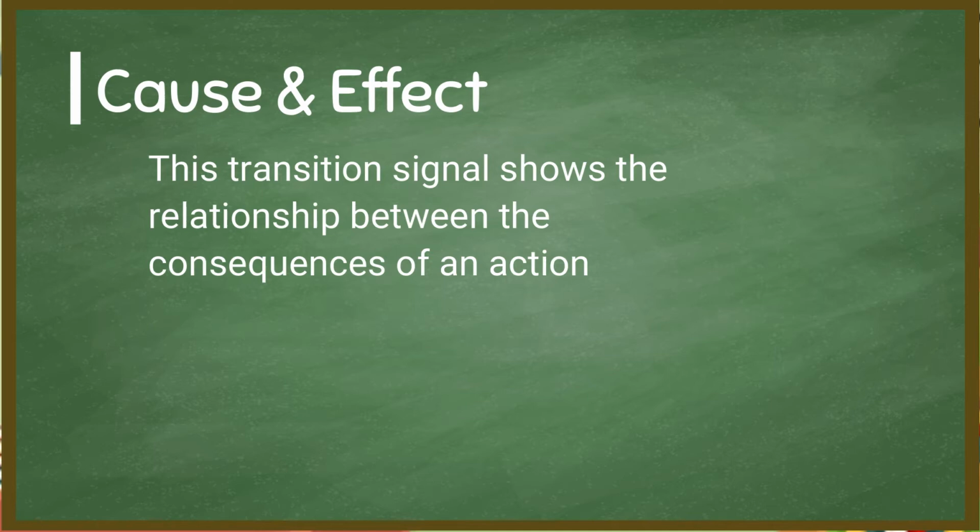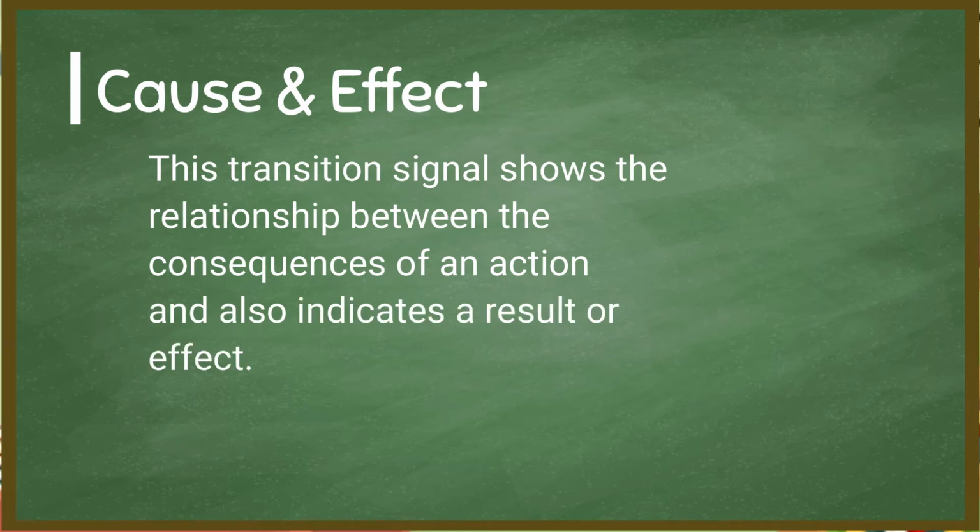The next type of transition signal is cause and effect. This transition signal shows the relationship between the consequences of an action and also indicates a result or effect.